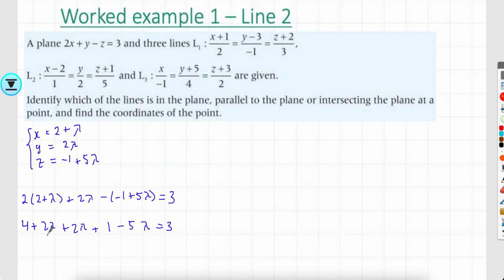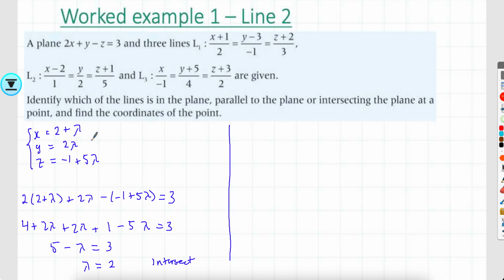Expanding out, I get the following. And the equation is going to simplify to this, and notice lambda doesn't cancel out, which means it's not going to be parallel, but I will get a value for lambda, and lambda is equal to 2. Because I'm getting something logical here, I know that my line will intersect at a point. So now that I know it intersects at a point, let me actually find this point.